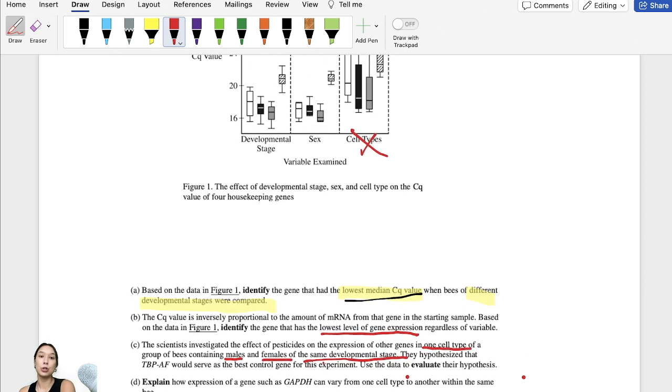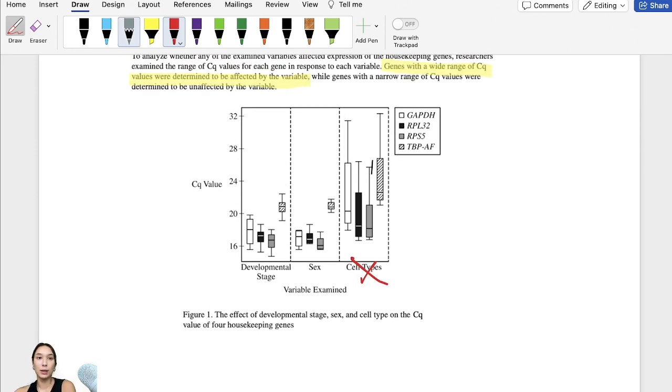So they're saying to analyze the effect of pesticides per sex, that TBP-AF is the best control. So the data that we're looking at in this case is just for sex. So we're only looking at this. They are asking you to justify why TBP-AF, why this one, would be the best control.